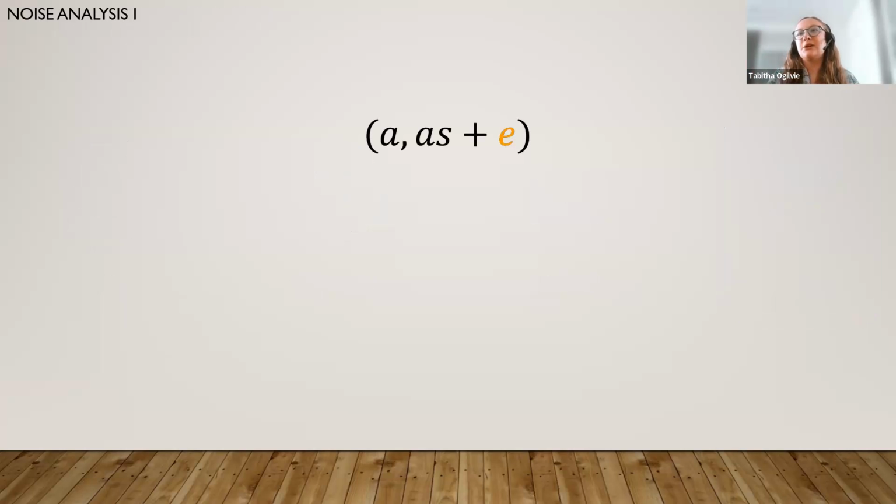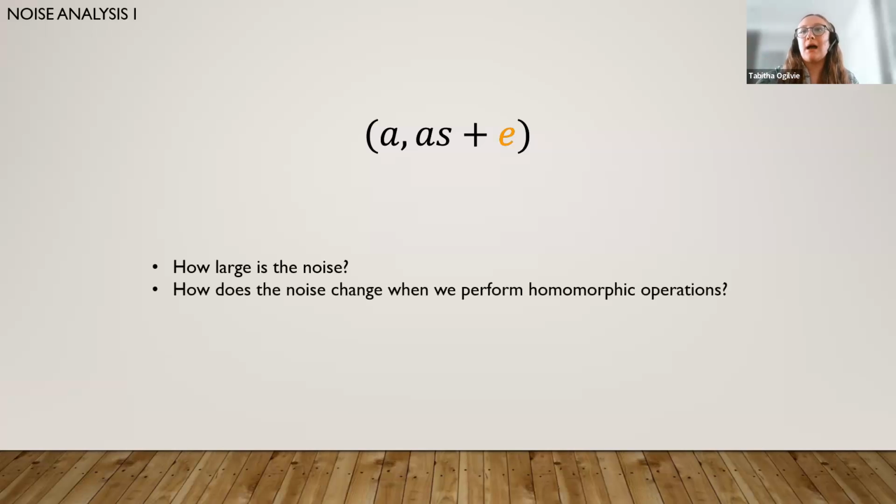And that means, the clue's in the name, there's going to be an error or a noise. And so noise analysis will be concerned with problems like, how large is this noise? And when we perform homomorphic operations, if we do a homomorphic multiplication or a key switch, how does that noise change?